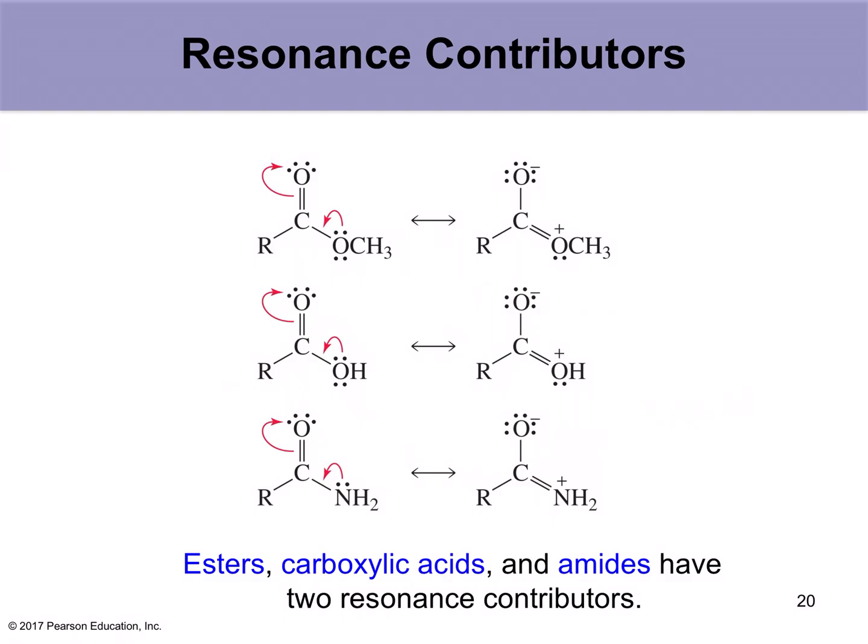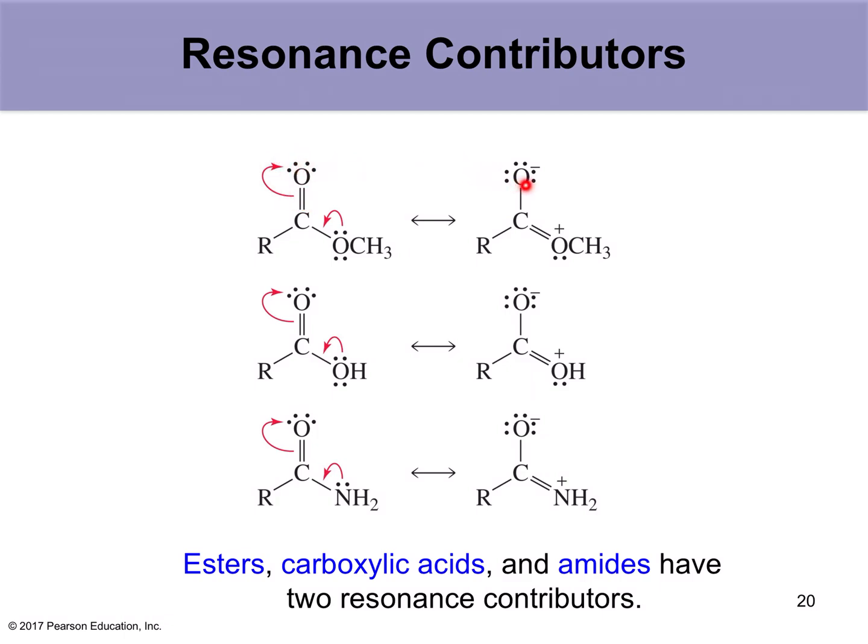So these carboxylic acid derivatives, like this ester, carboxylic acid, and amide group, all have at least 2 resonance contributors, and these are their resonance structures. The oxygen lone pair of the alkoxy group can contribute to resonance, forming a pi bond between carbon and oxygen, and then the carbon-oxygen pi bond breaks and gives its 2 electrons to the oxygen.